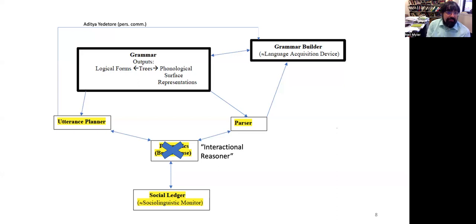So I think this is a correct picture of how the different subject matters of different parts of linguistics fit together. And if you're a grammatical theorist, as I am, then you're interested in the properties of grammars and the properties of grammar builders, which is whatever part of the language faculty it is allows us to build grammars, right?